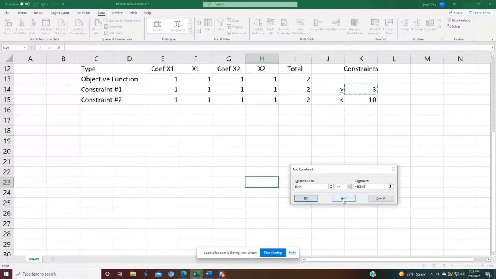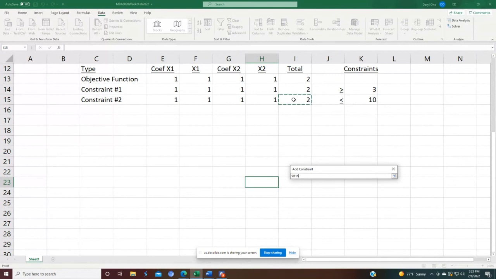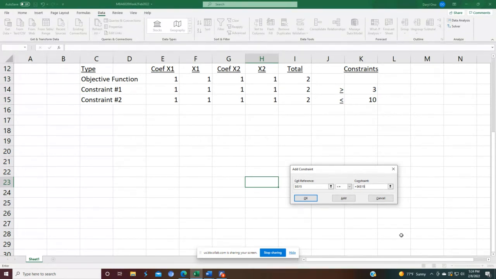Okay, I want to add I15 has to be less than or equal to K15. Okay. Hit OK.